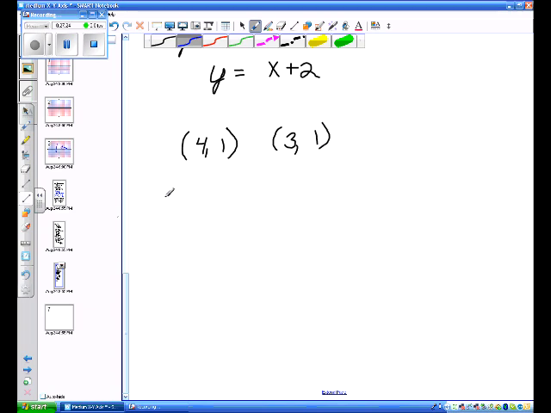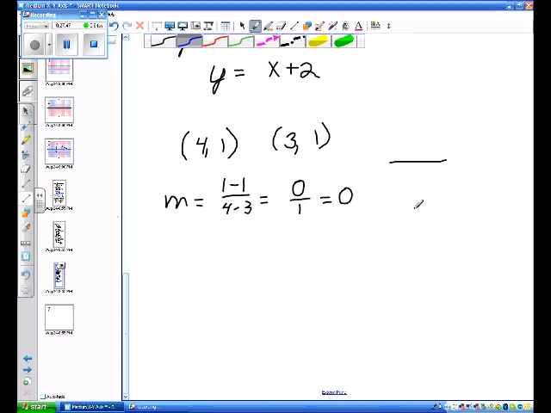Okay, we have 2 points. Now, when we start doing this, we need our slope, so it's the change in the y's over the change in the x's, which is 0 over 1, or 0. We have a slope of 0. Now, what kind of line has a slope of 0? Well, a horizontal line.